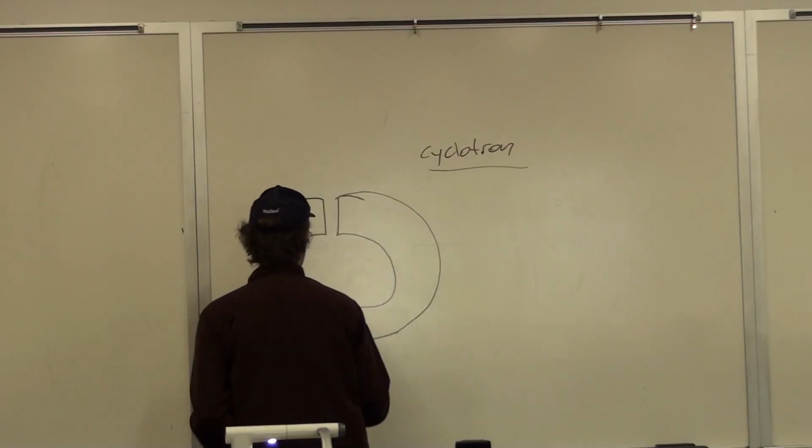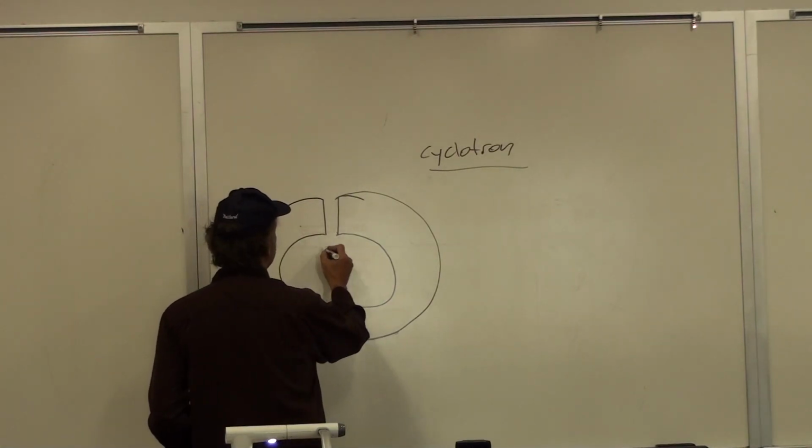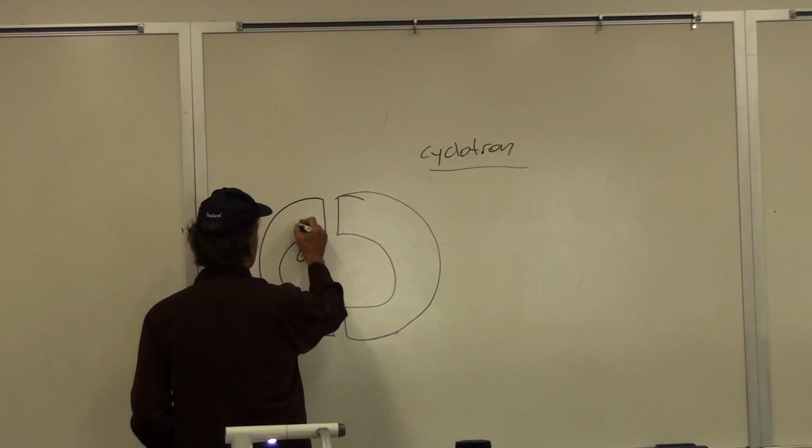Okay, and so the idea then is that you have some sort of a constant magnetic field. Let's make the magnetic field come out of the board.